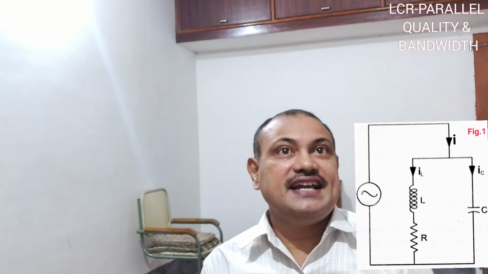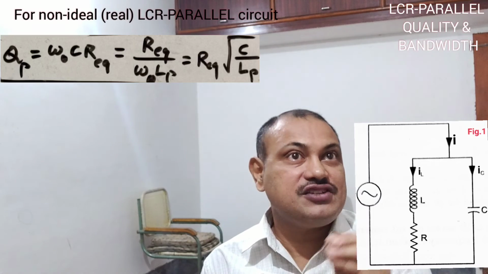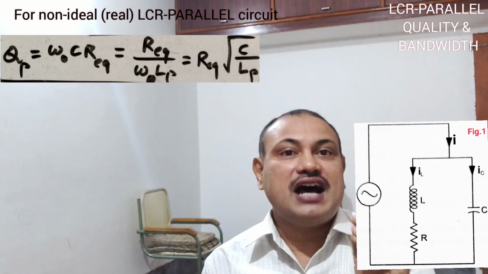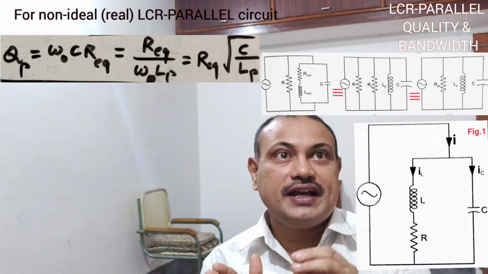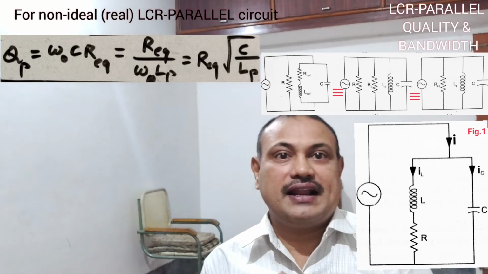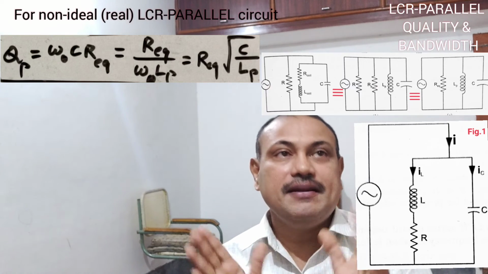But for a non-ideal, real LCR parallel circuit, we can write the quality factor Q parallel equal to omega 0 times C times R equivalent. That is equal to R equivalent by omega 0 times L parallel, which is equal to R equivalent times square root of C by L parallel.